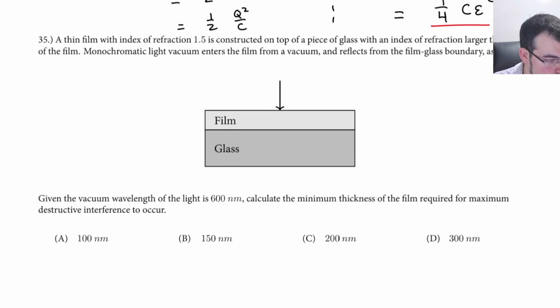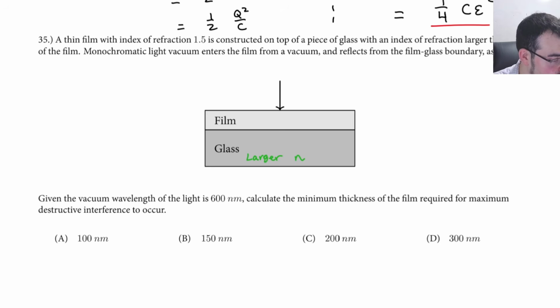All right. Oh boy, thin film interference, our favorite. All right, thin film. It's constructed on top of a piece of glass with an index of refraction larger than that of the film. So this is a larger n. Okay, so what happens here?